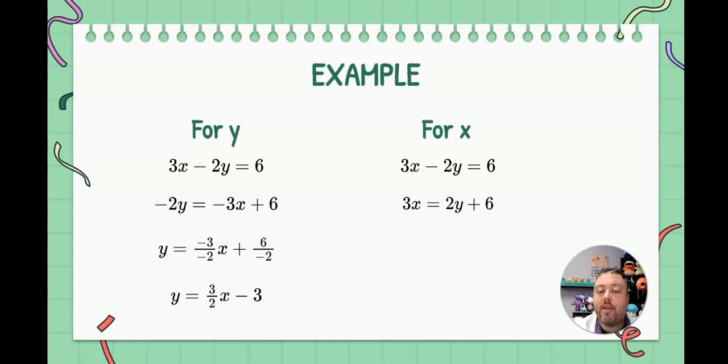Now I need to get rid of that coefficient of 3, so I divide both terms on the right side by 3. And when I do, I get x equals 2/3 y plus 6 over 3. And this time, the only fraction I have to simplify is that 6 over 3 to get x equals 2/3 y plus 2.